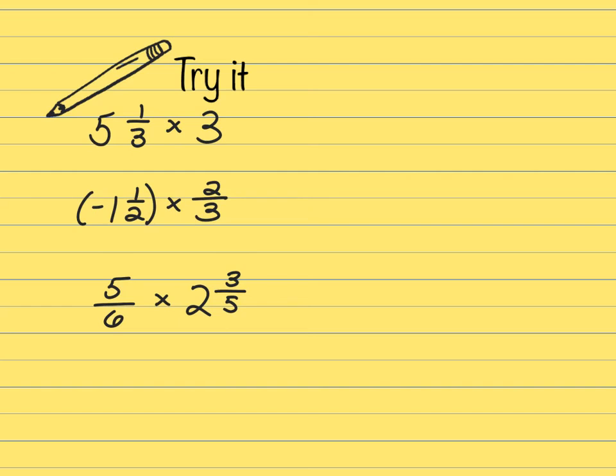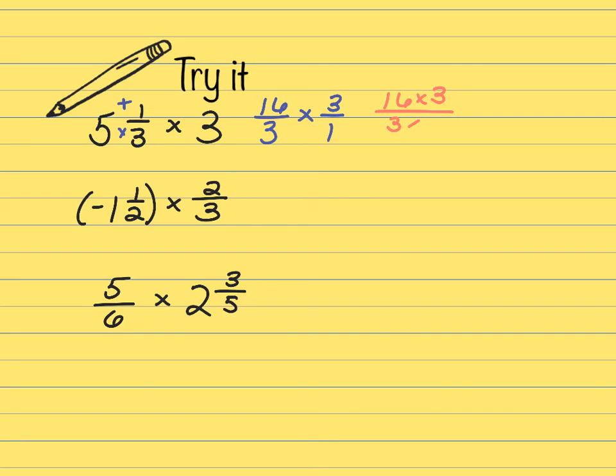This first problem is solved by changing the mixed number to an improper fraction. We're going to multiply 3 times 5, and we're going to add 1. And that equals 16/3. Then we have to change our whole number 3 to a fraction. We write 3 first. And now we're ready to use our algorithm. Step 1, multiply the numerators.